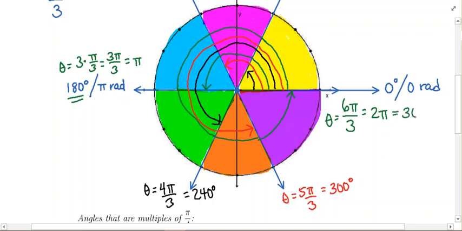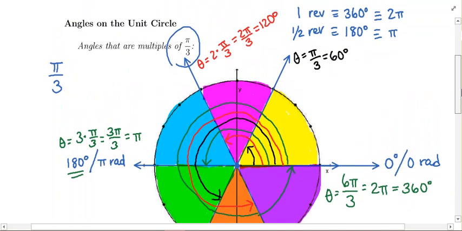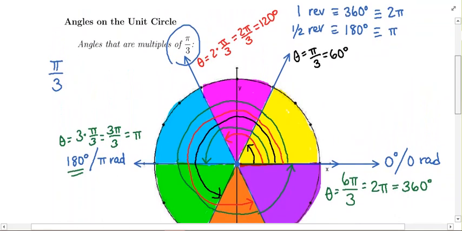That brings you to 360 degrees, which we also know is a full circle. Also realize that 0 degrees, which is 0 radians, is coterminal with 360 degrees or 2 pi radians. Those angles have a different amount of rotation, but their initial sides are the same and their terminal sides are the same.